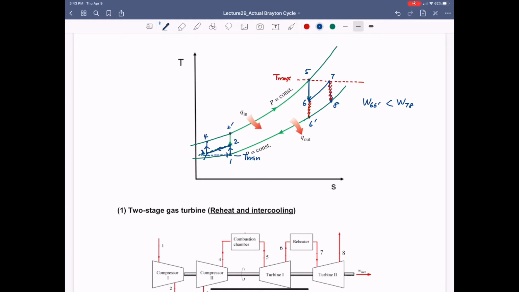Same way here, if you just compare this gap distance and that gap distance, we can say that W at 3 to 4 is smaller than W at 2 to 2 prime. So that is the effect of intercooling, and that is the effect of reheating that needs a two-stage turbine. And that is a two-stage compressor.